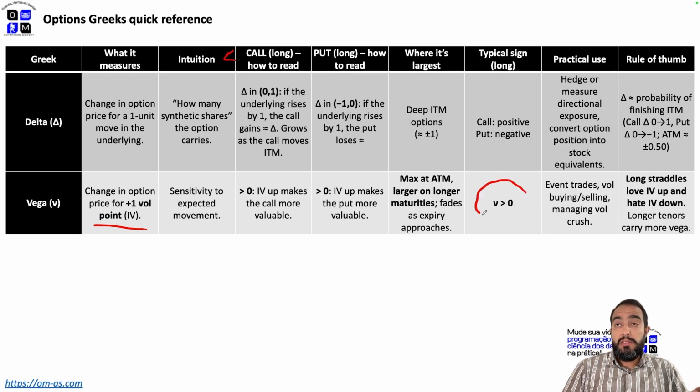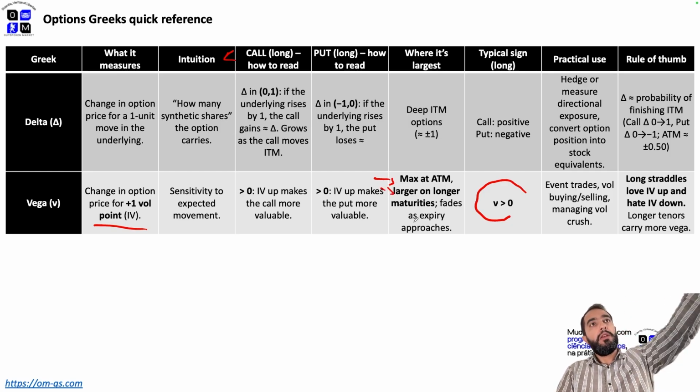It's always positive, and it will be maximum at the money and larger on longer maturities, because you have time to be exposed to the implied volatility. But Vega decays as well, not only making the option price lose value, but the value of the Vega itself decays as the expiration date approaches.